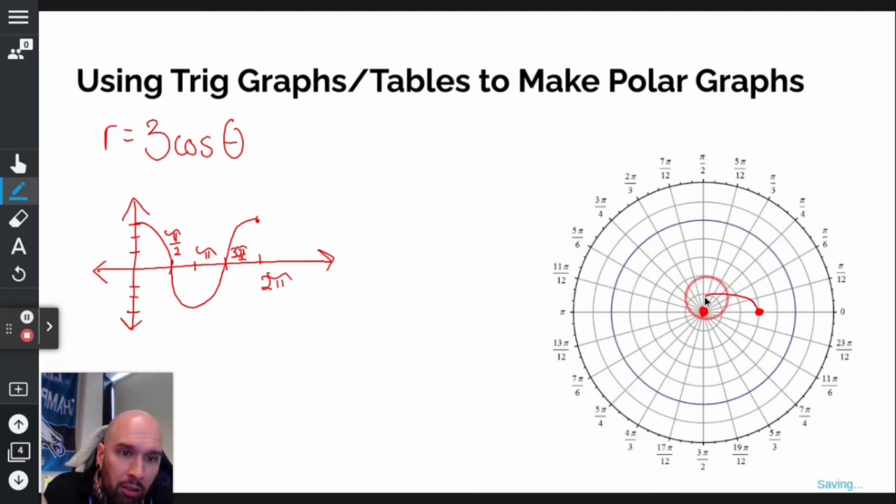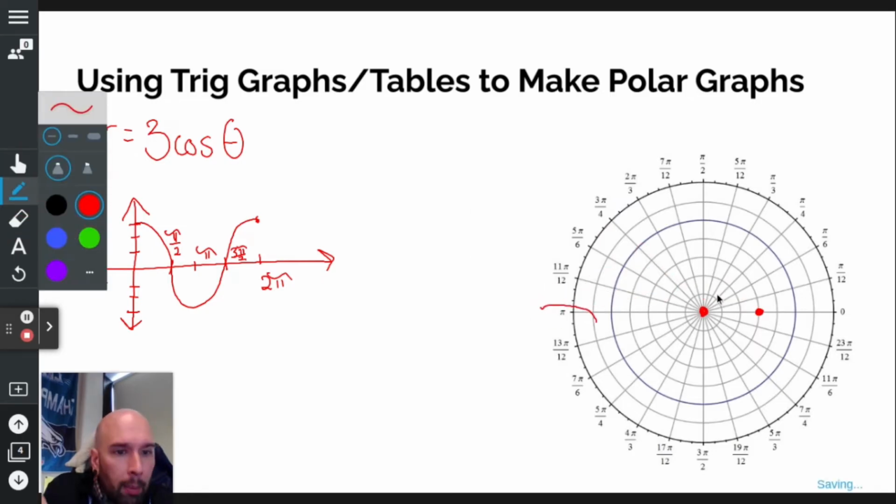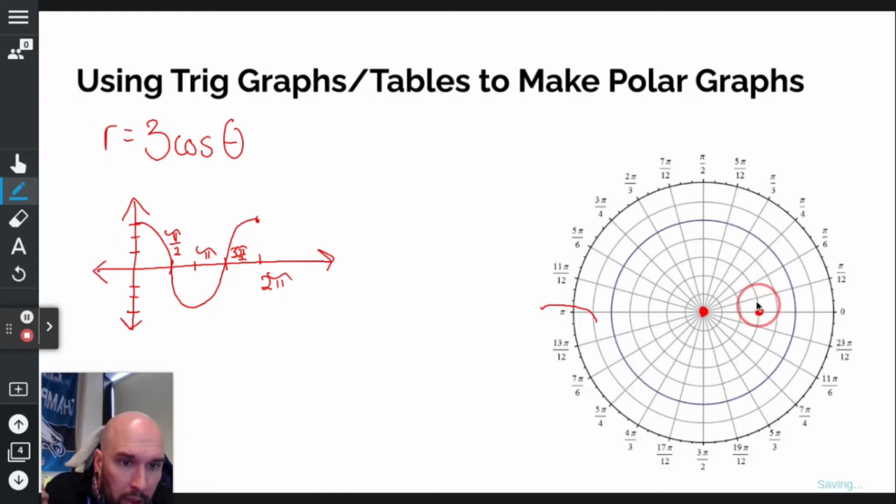So this is being created. Let me do a better job. One more time. As I'm going from the angle 0 to pi over 2, my magnitude is getting smaller according to this picture here. So I'm creating more like a circle because I'm now heading towards 0.